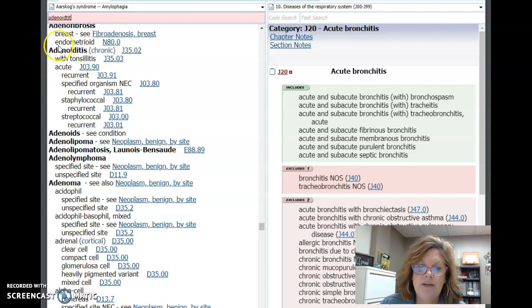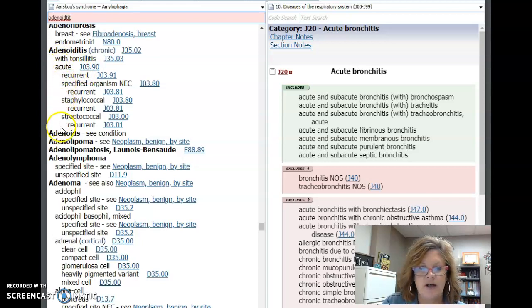So what it's telling me is that if you have inflammation of the adenoids, it's always going to be chronic. But if I have an acute bout, and my chronic is up here in parentheses, I am only going to code the acute. So I'm only going to code the J03.90.